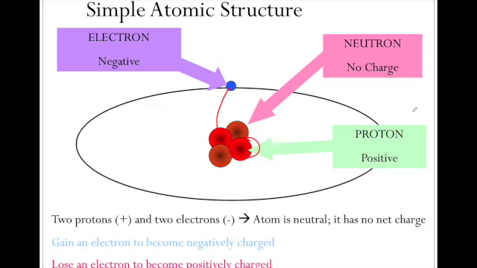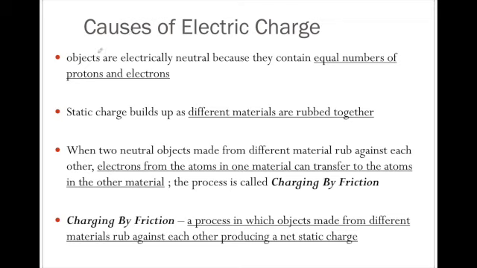Each atom can have different charges on it at any one time, and so we're looking at the aggregate overall when we talk about objects, things that you can touch, like a glass, a comb, a wall, a balloon, your hair. All of those things are objects, composed of matter, made of atoms.